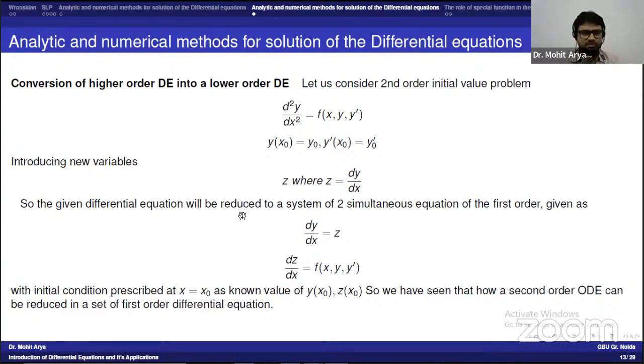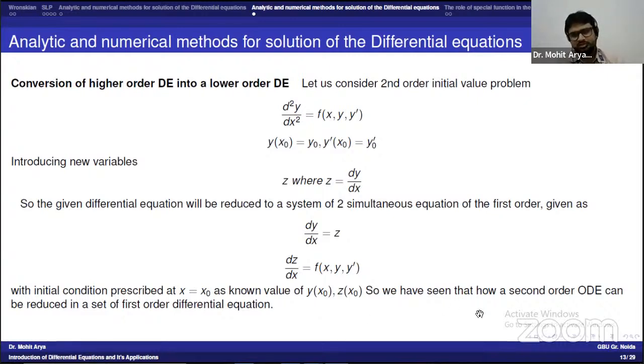So the given differential equation is reduced to a system of two simultaneous equations of first order. First, dy upon dx equals z, and then dz upon dx equals f(x, y, y'), with initial conditions prescribed at x equal to x0. The initial condition is given at the point x0, as known values y(x0), z(x0).